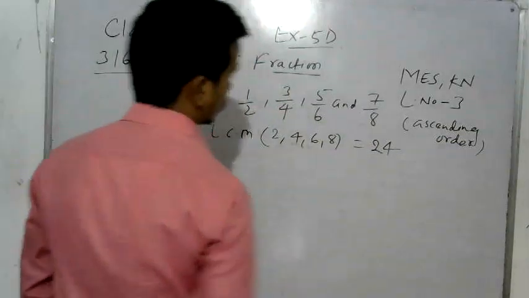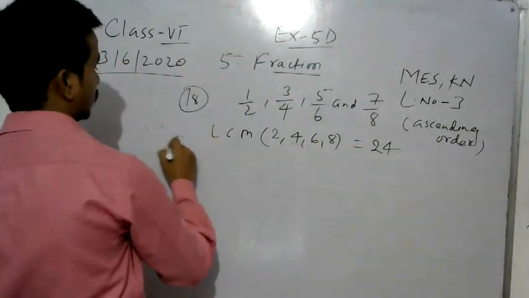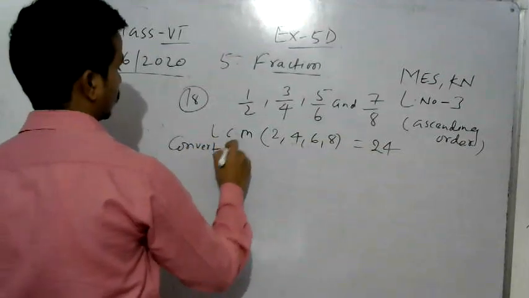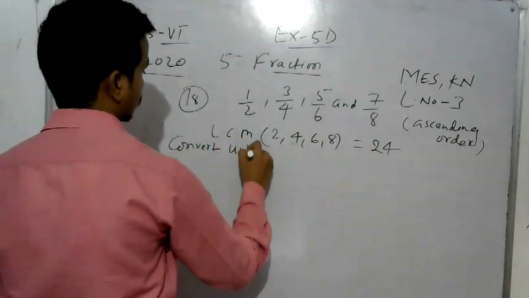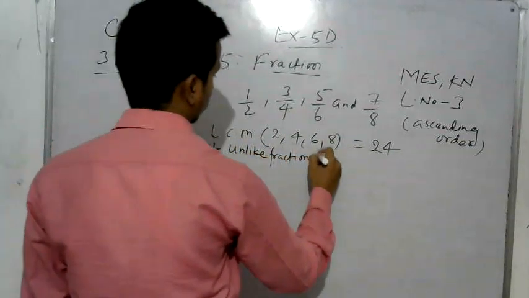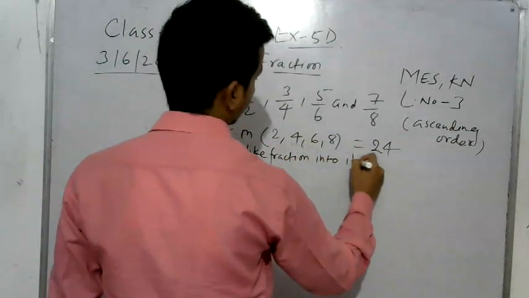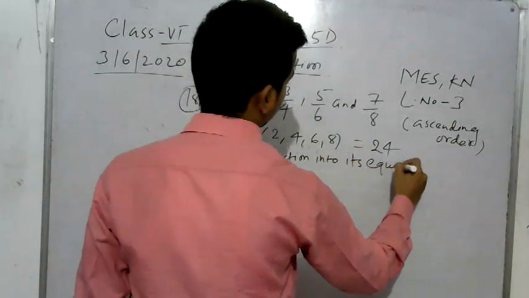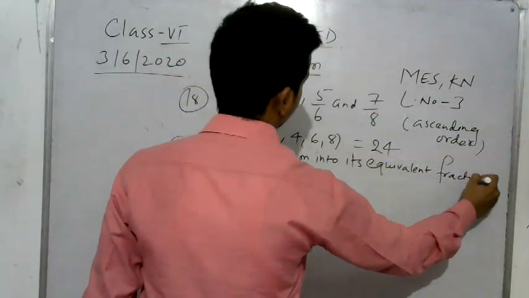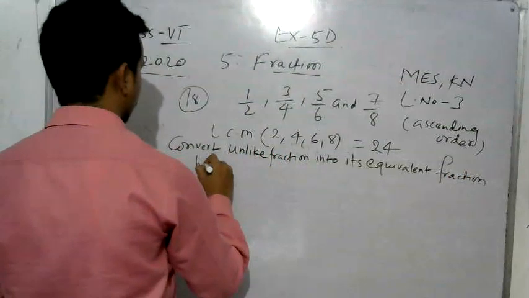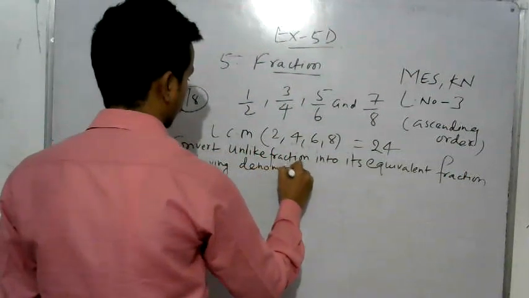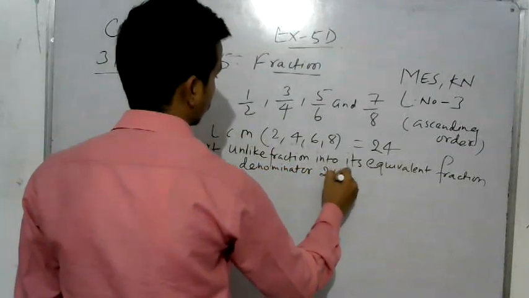Now we will convert this unlike fraction into its equivalent fraction having denominator 24.